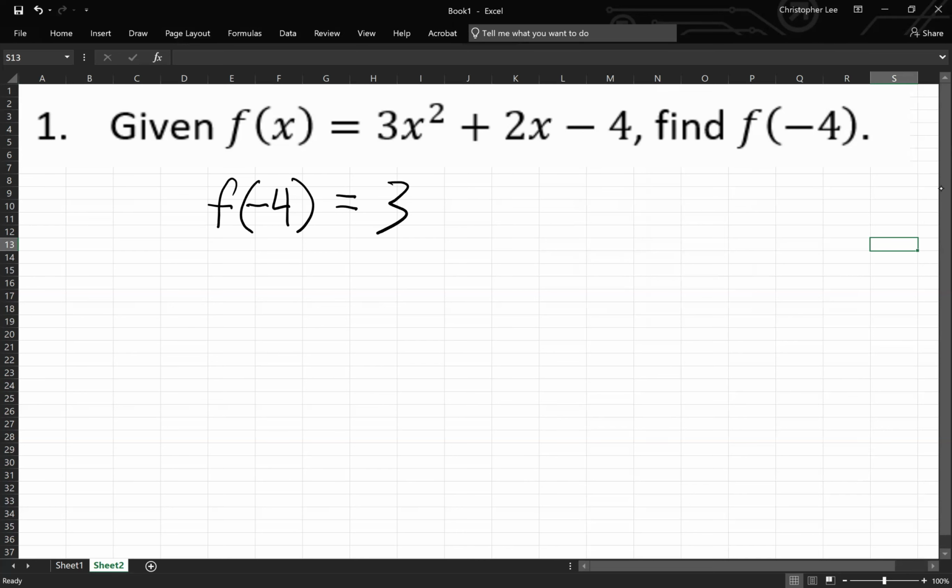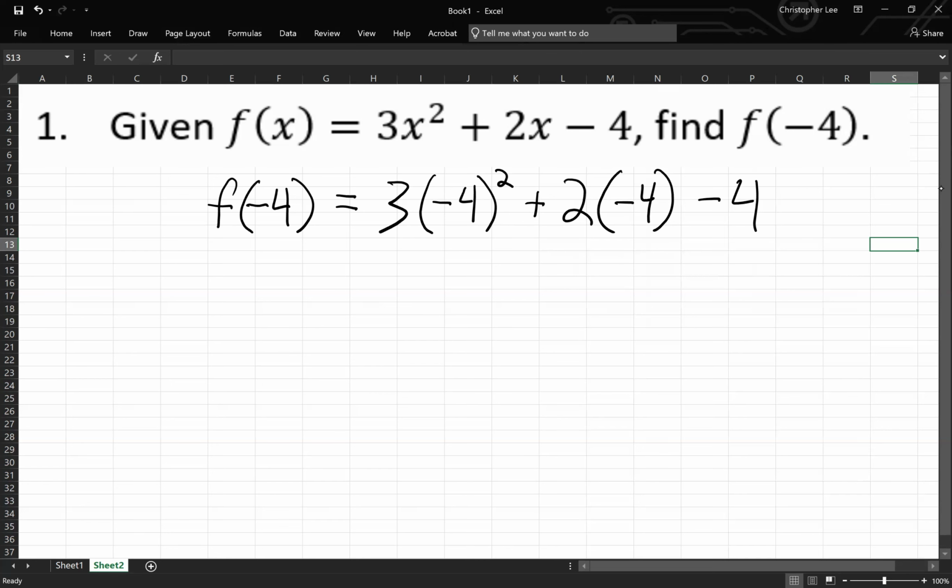So this is going to be 3 times negative 4 squared, plus 2 times negative 4, minus 4.